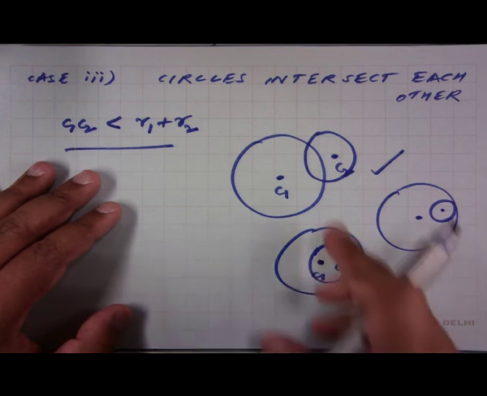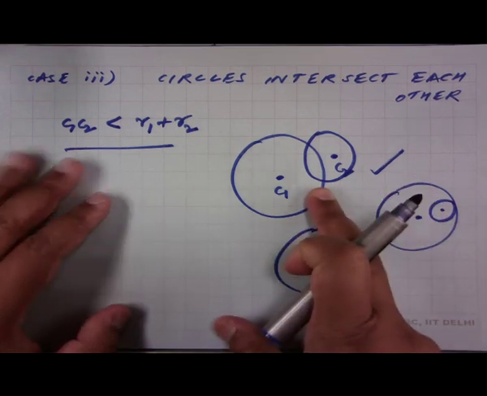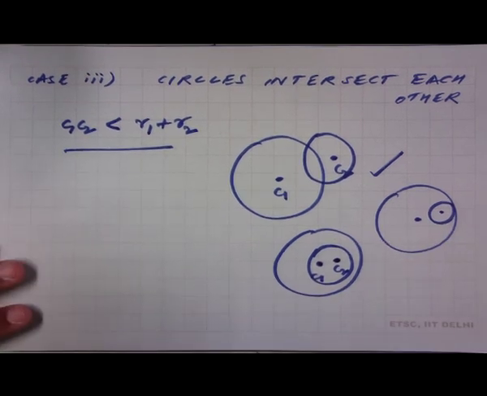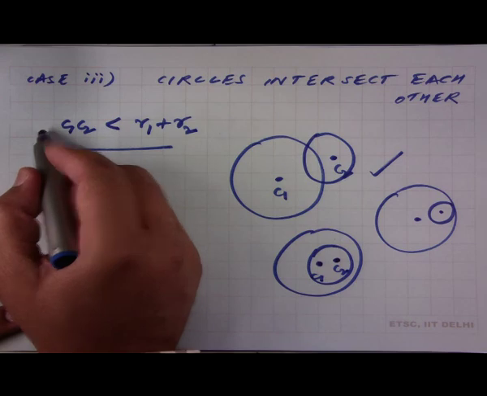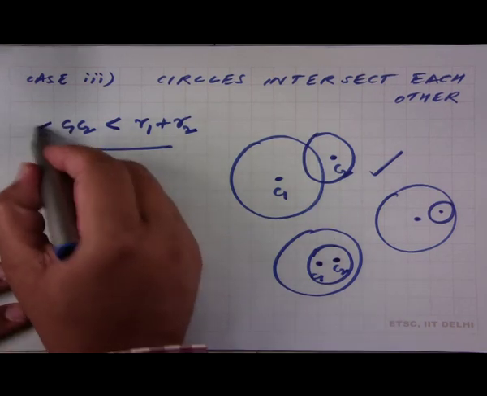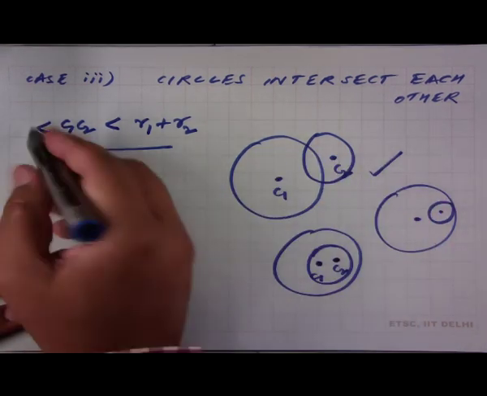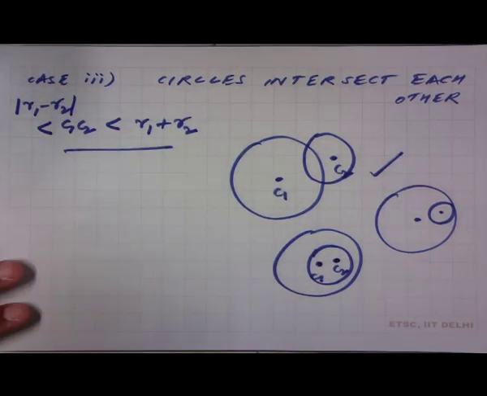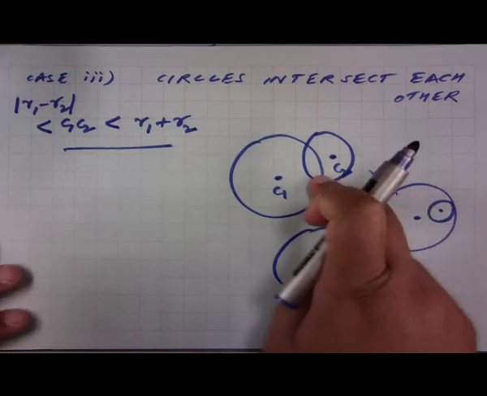So, how do we distinguish this case from these other cases? What we can say is that if the distance between the centers is greater than modulus of R1 minus R2, then it has to be this case.